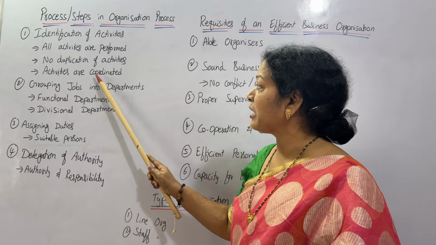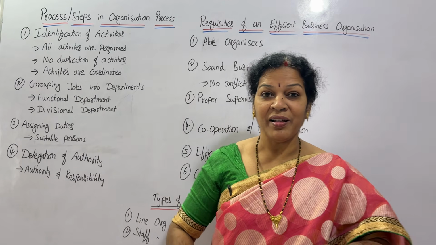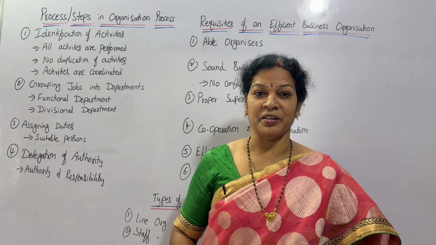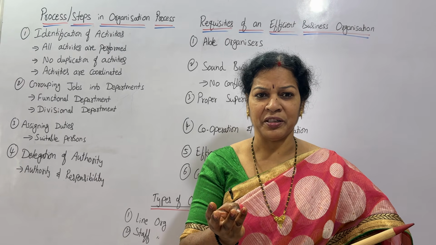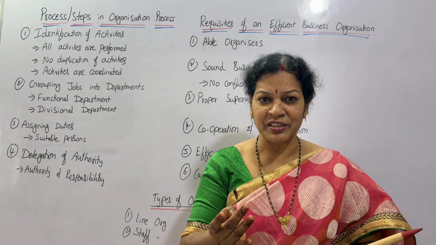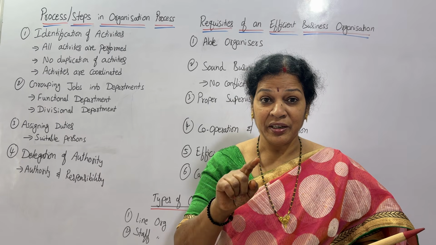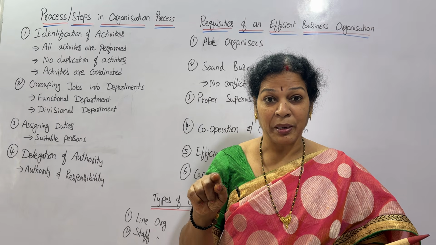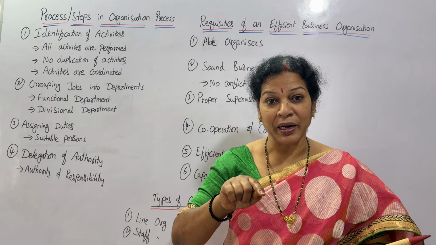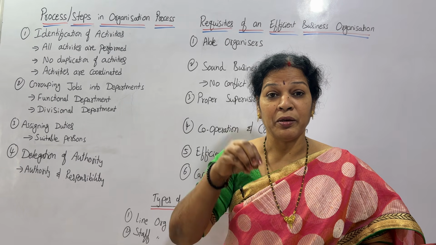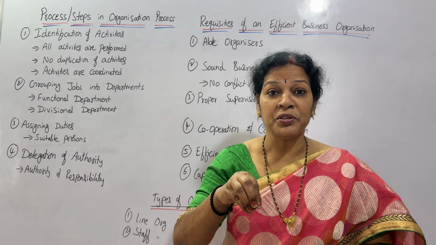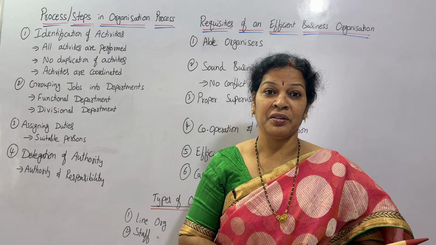In the same way, activities are coordinated. All the activities are to be coordinated. How? For example, there is a stores department, purchase department, finance department, production department. Every department has activities, but all the department related activities are to be coordinated. Then only you are going to accomplish the objectives of the organization.